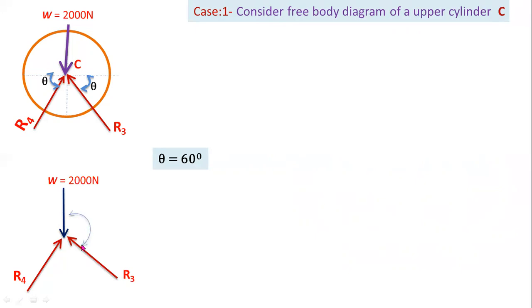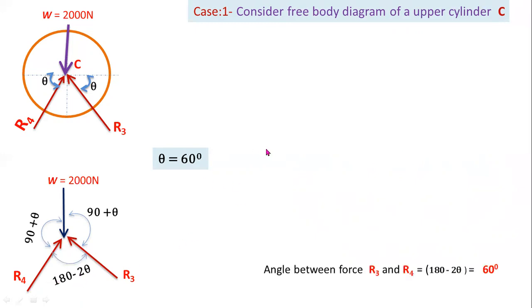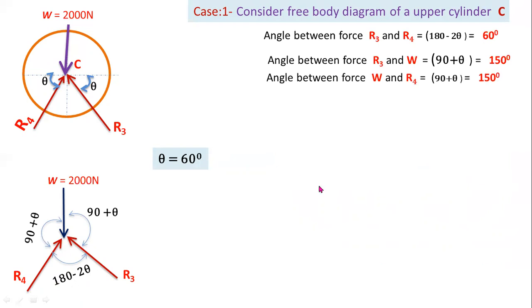The angle between these two forces is 90 plus theta, and in a similar way the angle between these two forces is 90 plus theta. The remaining angle between R3 and R4 is 180 minus 2 theta. Now you have to apply Lami's theorem for this diagram.